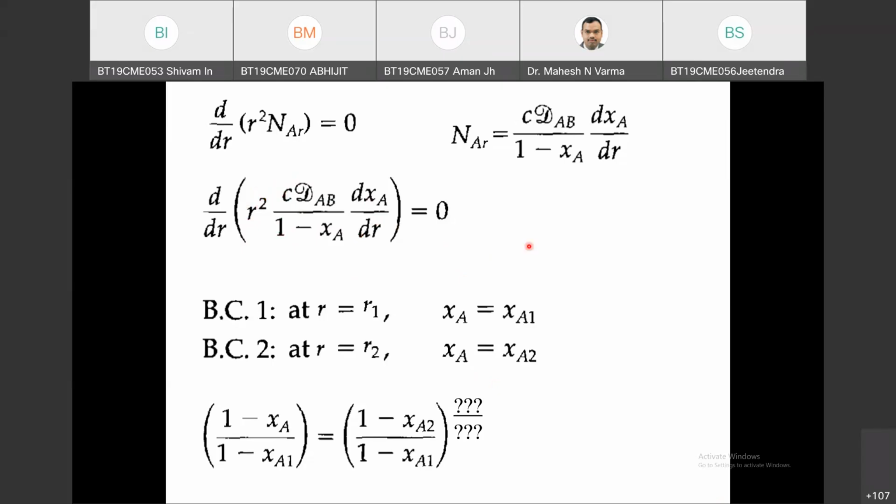Roll number 68, Mitu. Roll number 67, Mayank.